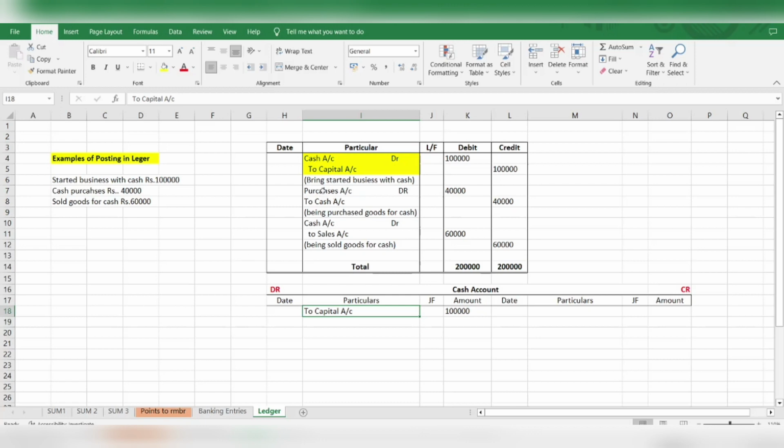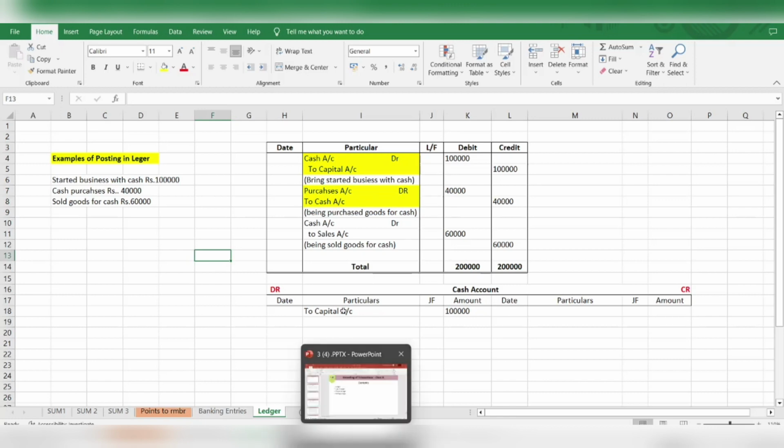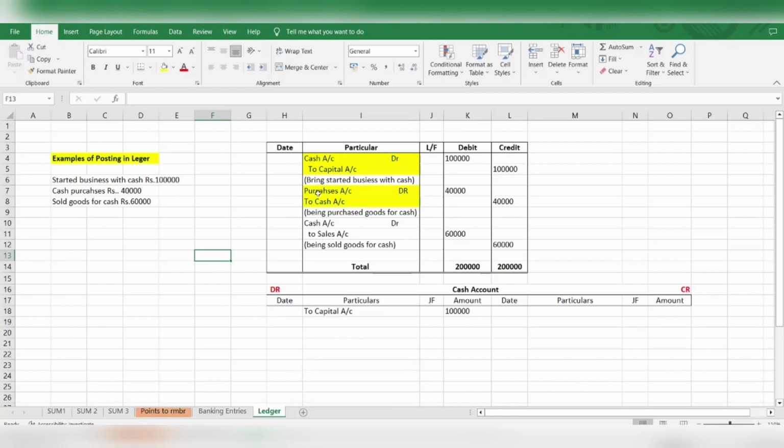Let us see the next entry, is cash affected? Yes. Purchases account debit to cash account. Here purchases is debited and cash is credited. Now in the cash account, for entries on the credit side we have to write 'By'. Cash is credited by purchases account for rupees 40,000.